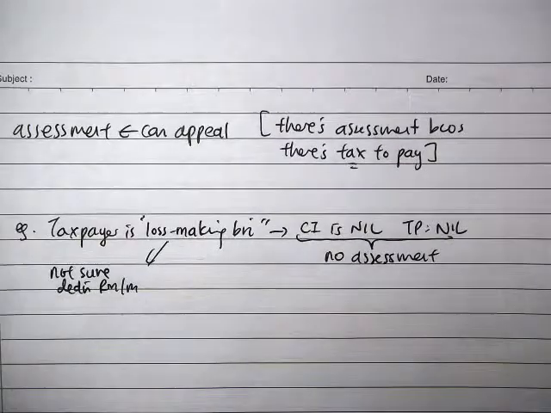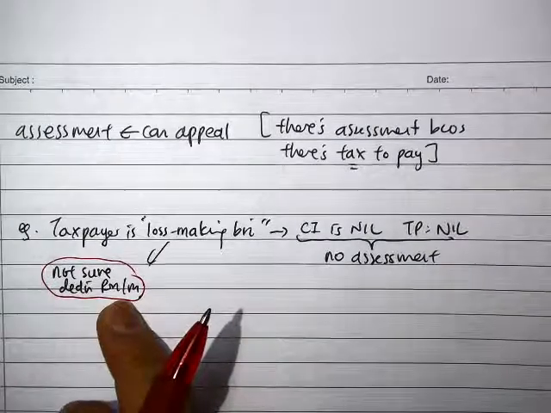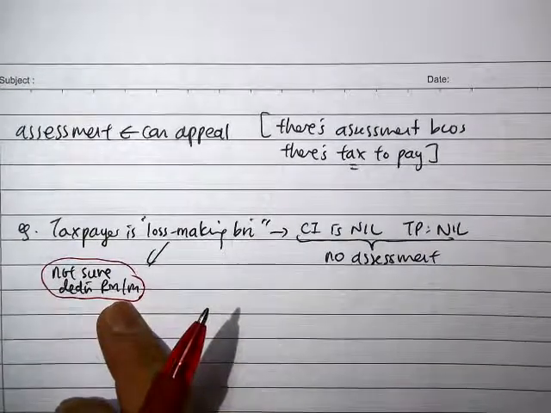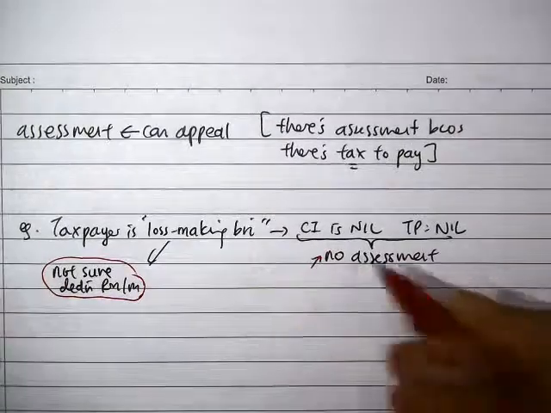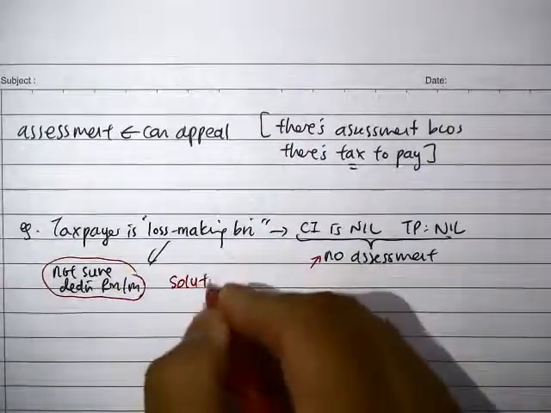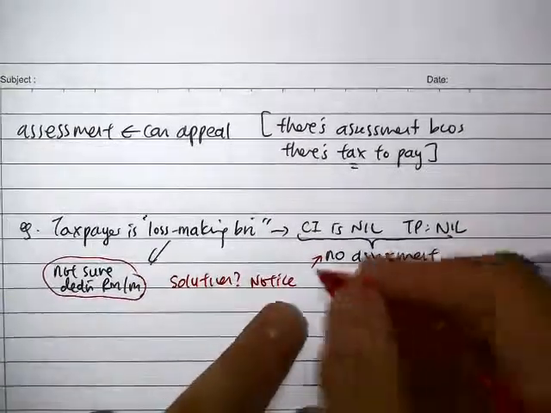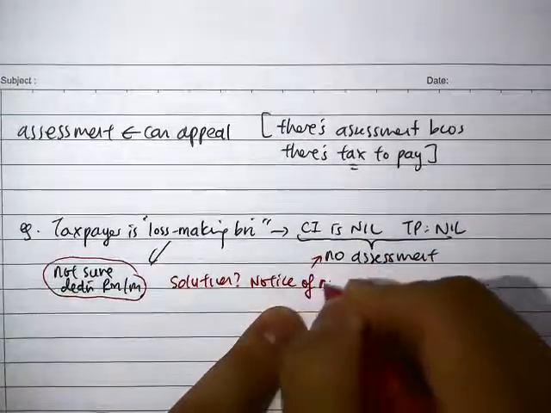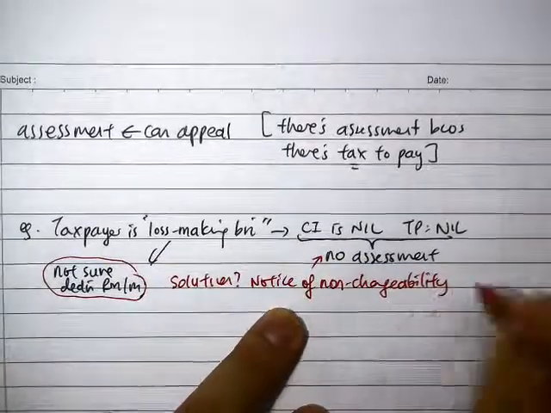I can still appeal and see whether I can get this 1 million deduction, which gives me more loss, which is better for me in the future. But the problem is you have no assessment. So what's the solution? The solution is the law allows you to apply for this notice of non-chargeability.